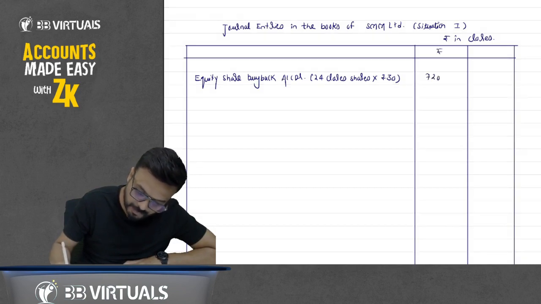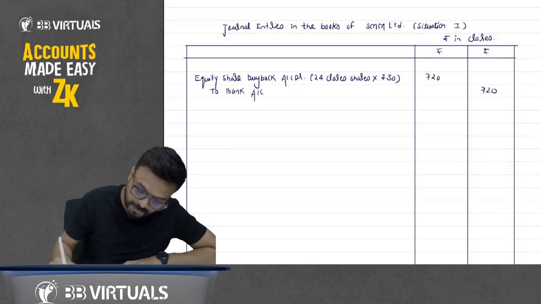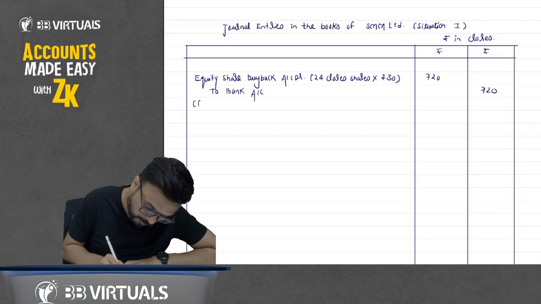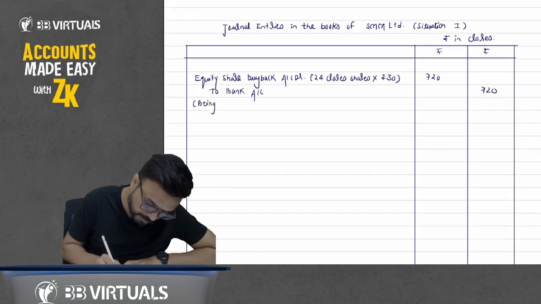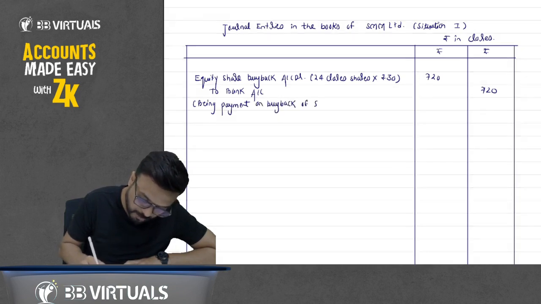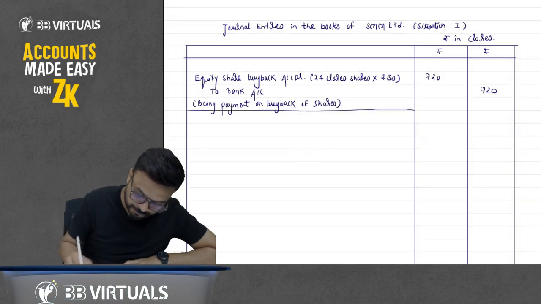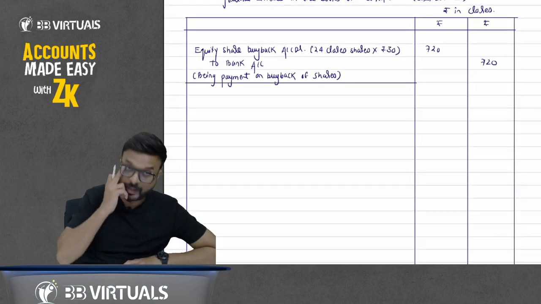Okay, 720 to bank account, 720, being payment on buyback of shares.